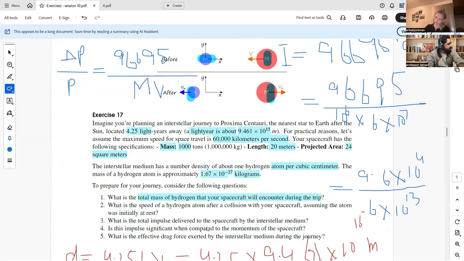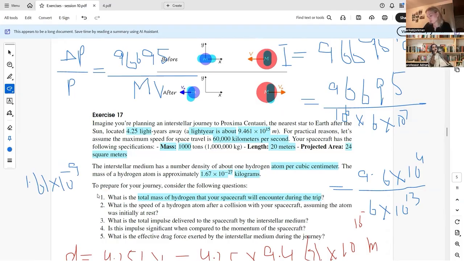So the resultant value is actually 1.61 cross 10 to the power minus 9. It is showing that as compared to the momentum of the spacecraft, the impulse is some billionth part of the momentum.